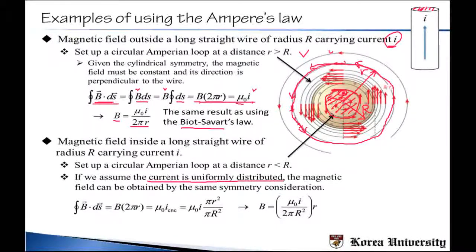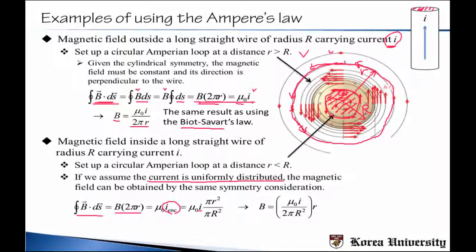Then that will make the calculation simpler, because here we are only trying to figure out how to use Ampere's law. Then how about the integration of the magnetic field? It's exactly the same as what we have done above. So it will simply be B multiplied by 2 pi r, and what is changing is only the amount of the enclosed current. Since we have assumed that the current density is uniform, the actual amount of current is proportional to the size of the area.